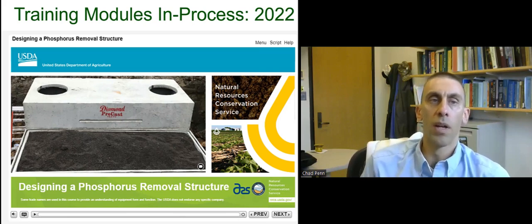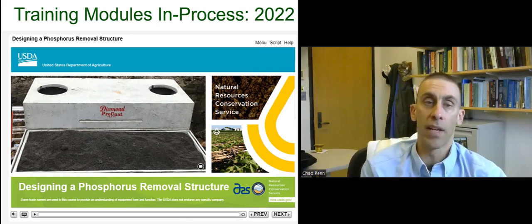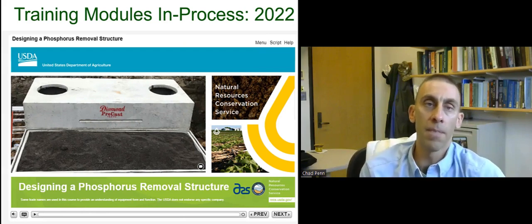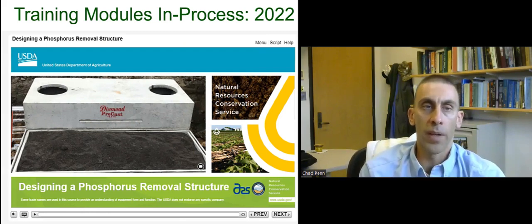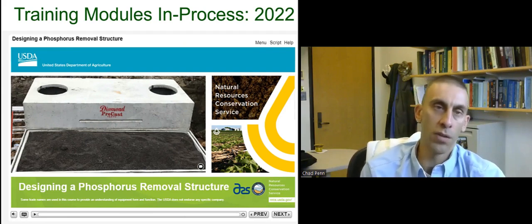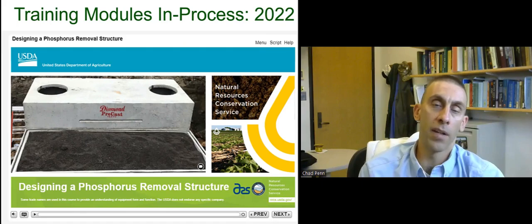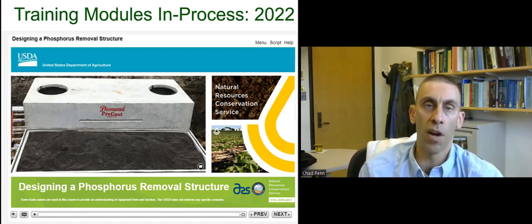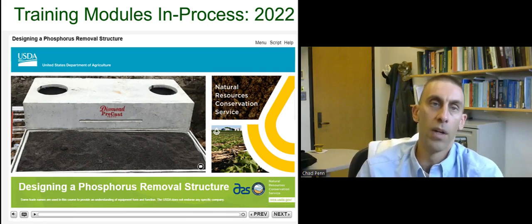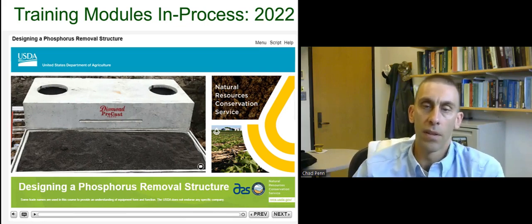There'll be several modules that explain everything in much greater detail than what I have done today: what they are, how the structures work, how to collect the proper inputs for designing them, how to design them, how to use the design software, and one entire module just on practical field lessons. And the last module, which is the last one I still need to make, is on disposal of spent media. So these should be done by the end of this calendar year.